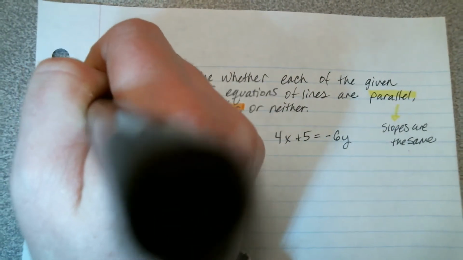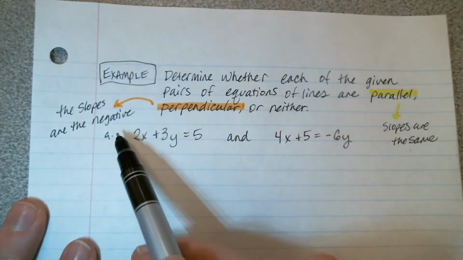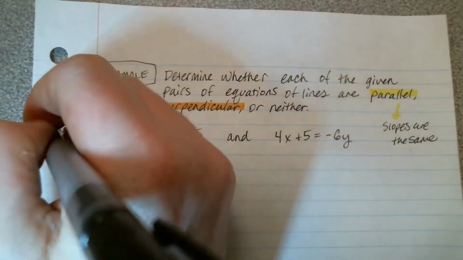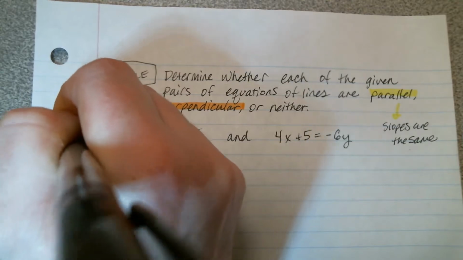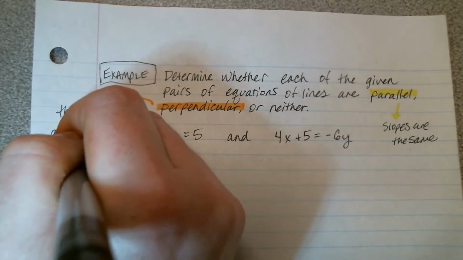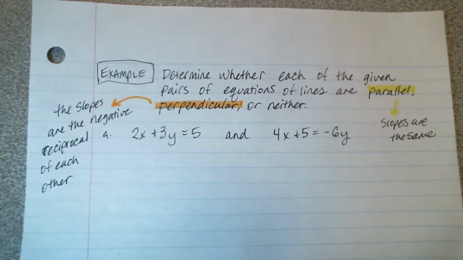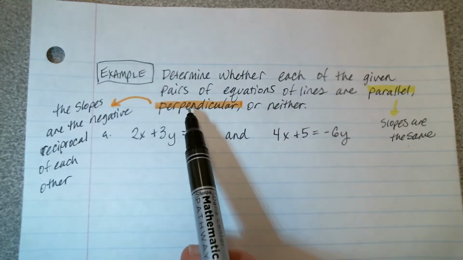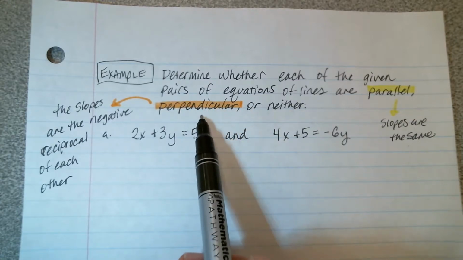The slopes are the negative, so it's the opposite sign, reciprocal of each other. And what this looks like visually is that the two lines will cross, forming 90-degree angles.